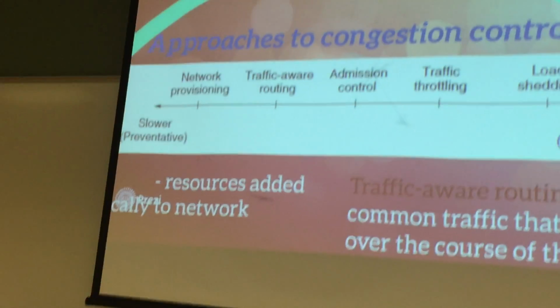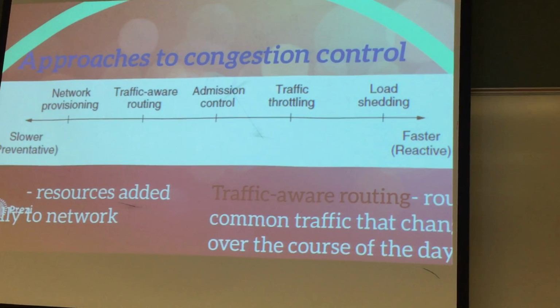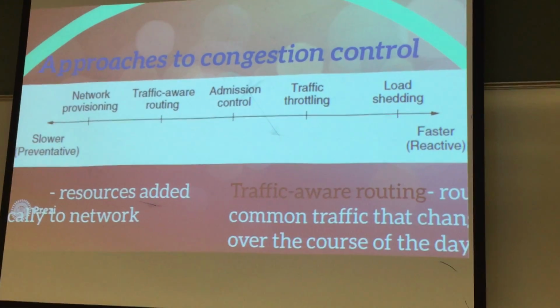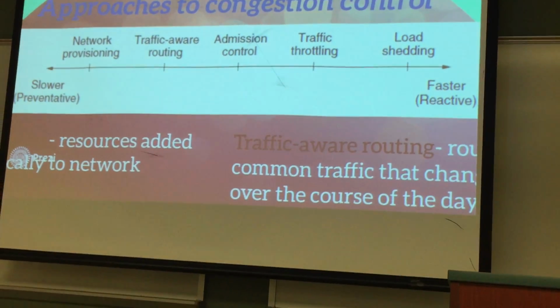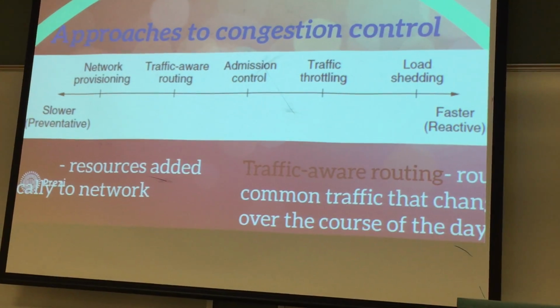Or are they combining them into a hybrid approach to create the most optimal output? Companies or ISPs would use all of them at once, and depending on how bad the congestion is, it goes from preventative, like network provisioning, then if it gets a little bit worse, it starts rerouting the traffic, which is traffic-aware routing. If congestion still gets bad, they would use admission control, which means you just can't use this route or go somewhere else.